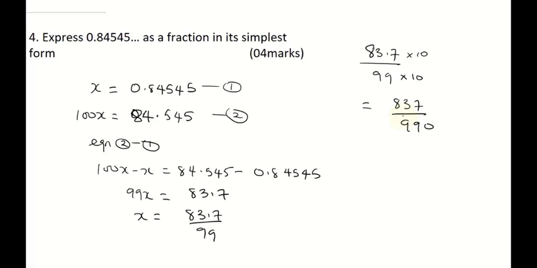I think 9 can go into both. So when you reduce, 9 into 837 is going to be 93, and 9 into 990 is going to give us 110. So our final answer is 93 over 110.